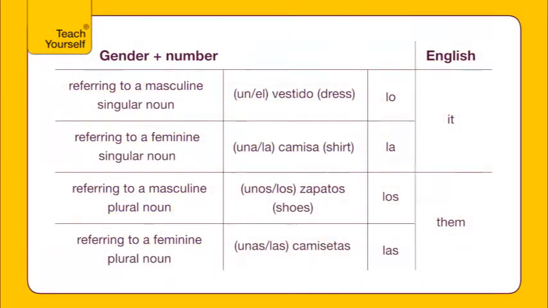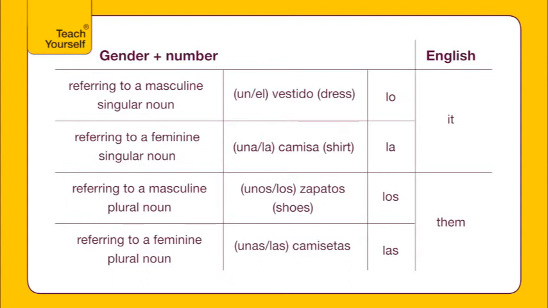There are two key aspects you must bear in mind when using them. First is the gender and number of the thing being substituted. Let's have a look at the following table to see how it works. If you are referring to a masculine singular noun like vestido, dress, we'll use lo.